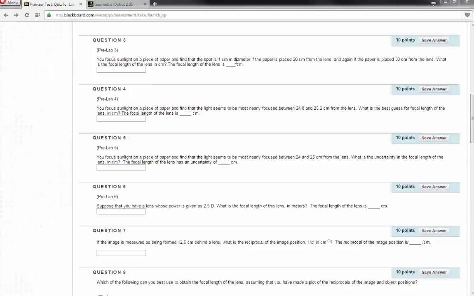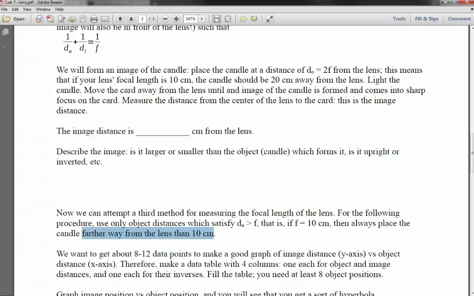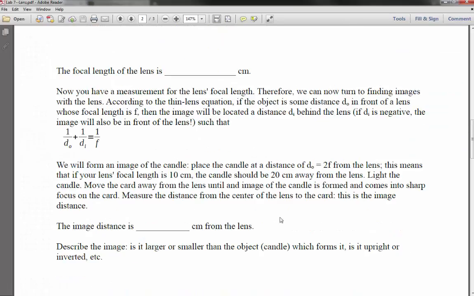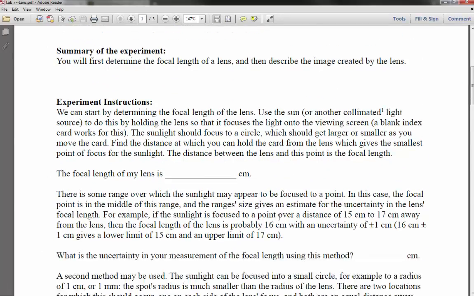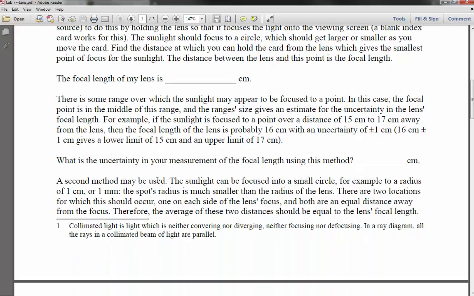So the spot size is 1 centimeter in diameter at these two locations. If you open up the handout again and scroll back up, this is actually the second method. It tells you that sunlight can be focused into a small circle, for example to a radius of 1 centimeter, 1 millimeter, etc. In this case we did a half centimeter radius because the diameter is a centimeter.